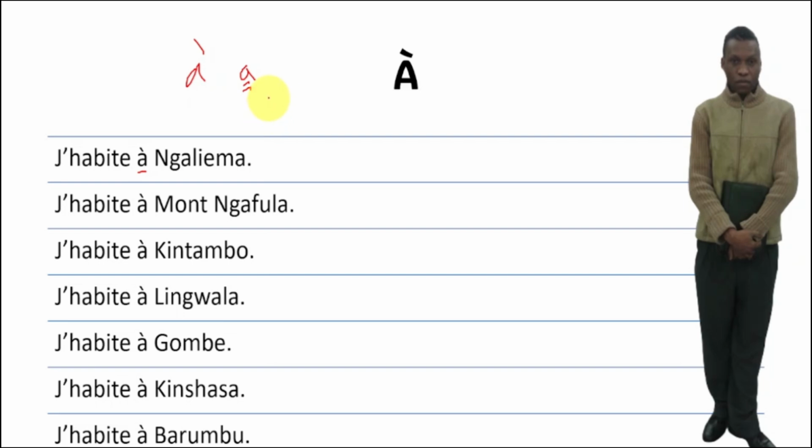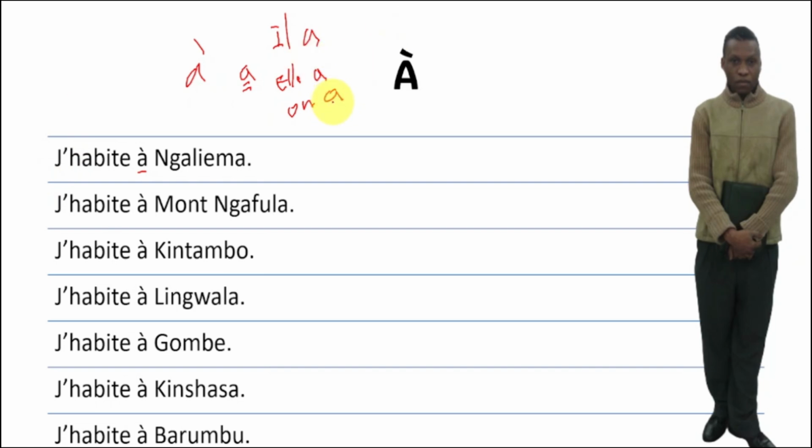So when I write like this, this a is coming from the verb to have.